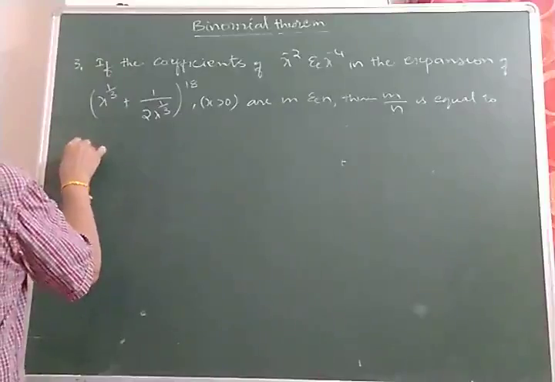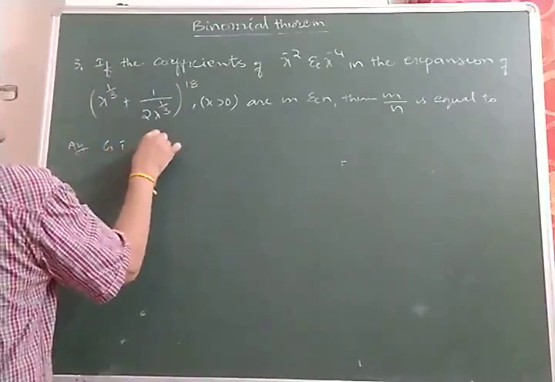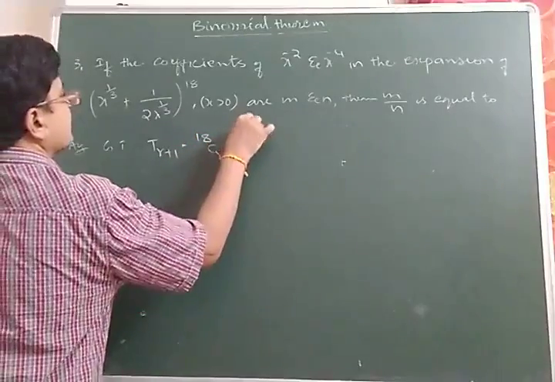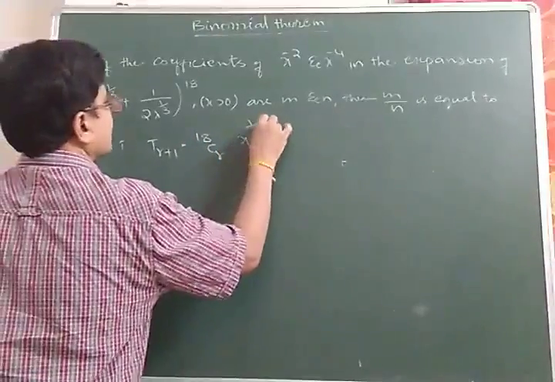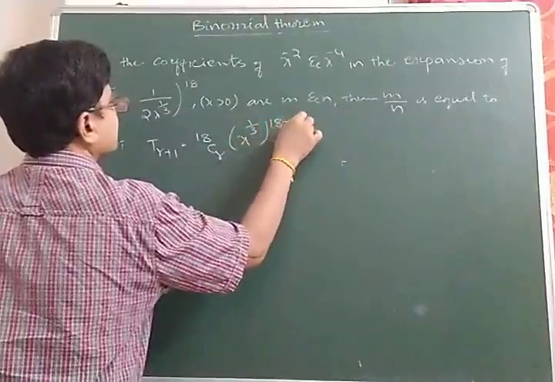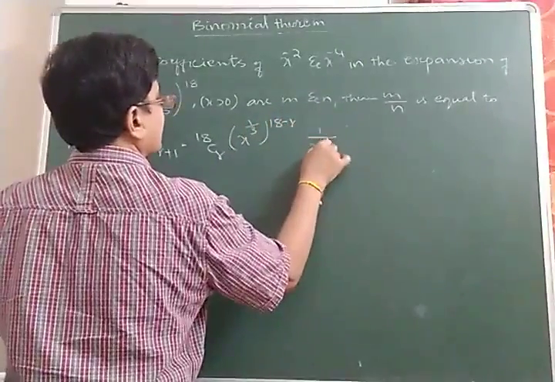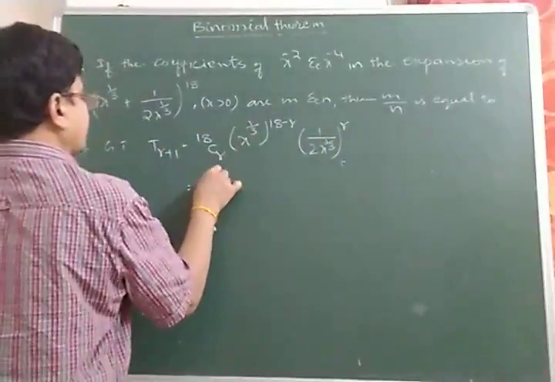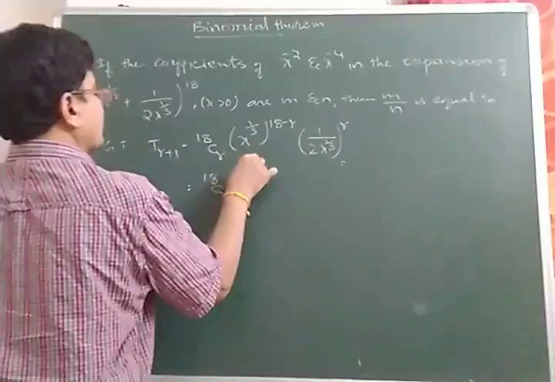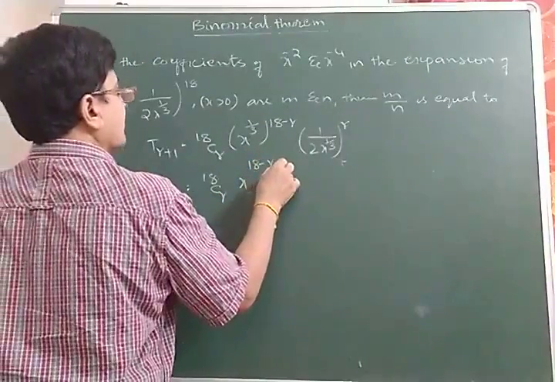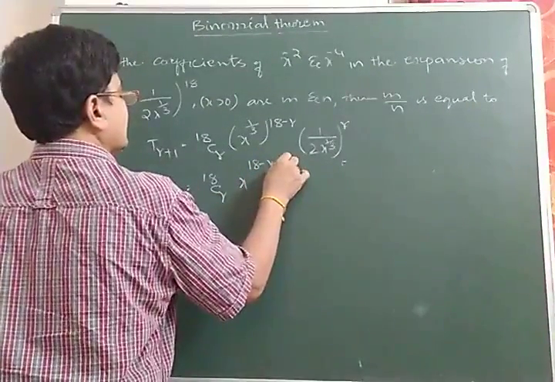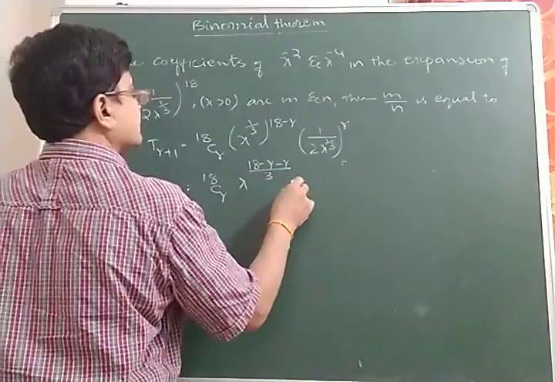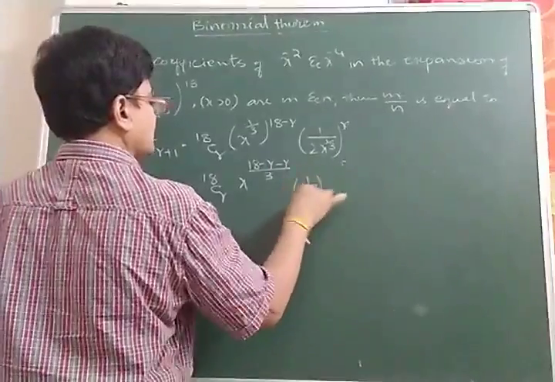So first of all we take the general term, that is T(r+1) = 18Cr (x^(1/3))^(18−r) (1/(2x^(1/3)))^r, that can be written as 18Cr x^((18−2r)/3) into (1/2)^r.